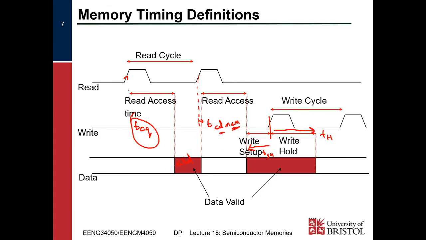So it's got exactly the same timing parameters as we saw with the flip-flops. It's just defined slightly differently, in that we need a read and a write signal instead of just a clock. Because the circuit is different, the values are going to be different, but it's basically the same thing.